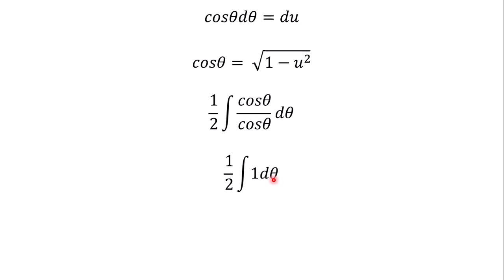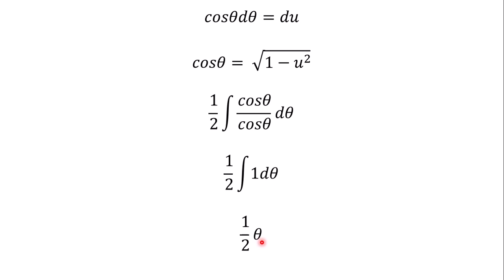So if here is p, it will be p. But here is theta, so here will be theta. Okay, so you're going to get 1 over 2 theta. Now that is the answer to the integral question in the theta world.